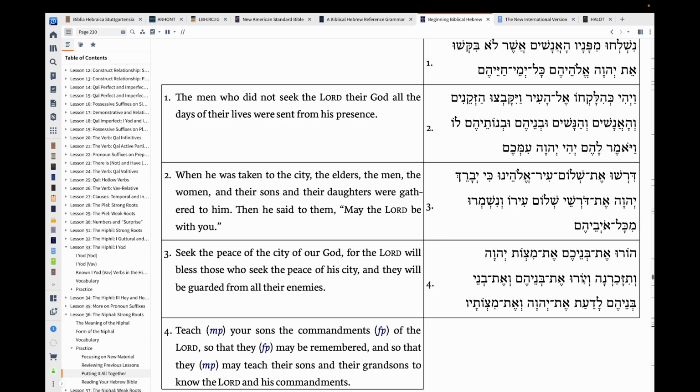Now here, since this is a Qal. No, this is a Hiphil. So the subject here has to be sons, masculine plural, and so that the sons of you, your sons, might teach their sons and the sons of their sons, which is their grandsons, to know the Lord and his commandments.